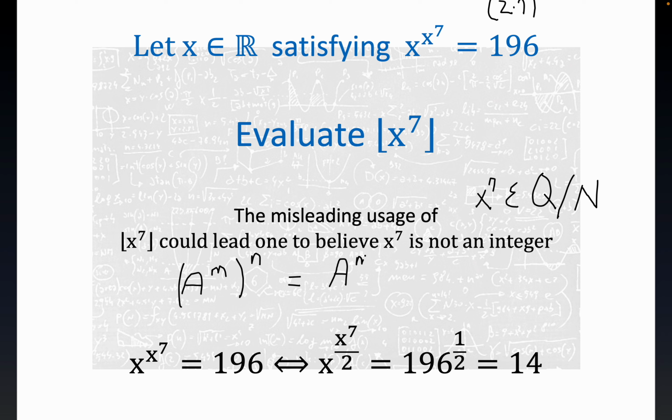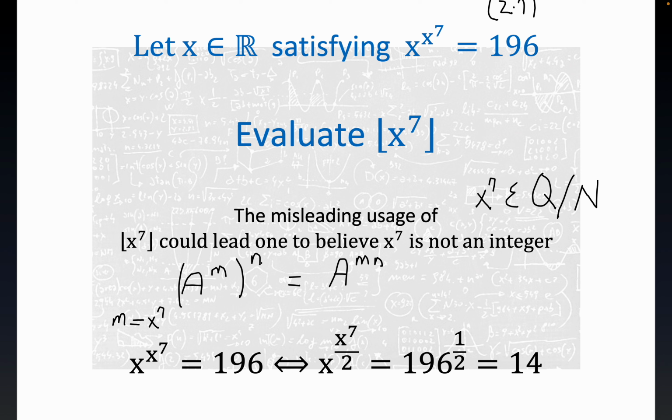You can always say, if you have n copies of m copies, you have m times n copies. So in this particular context, the m would be the same as x to the 7th, the entire exponent, which is something exponential also.